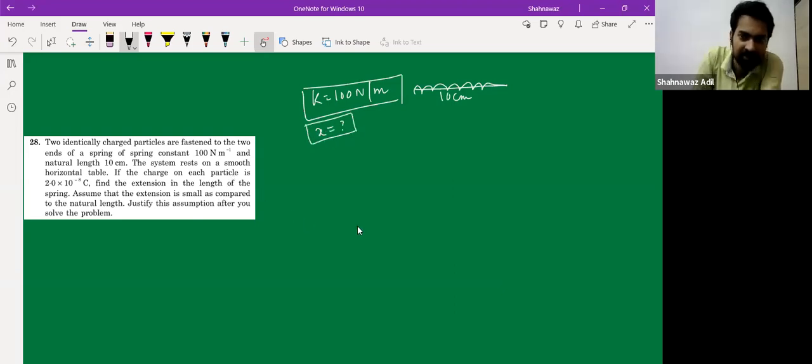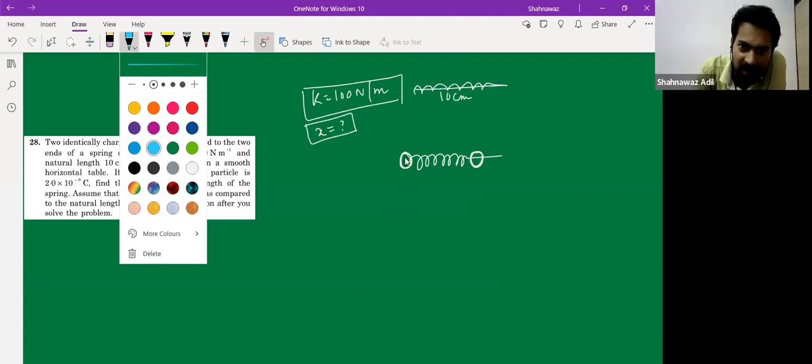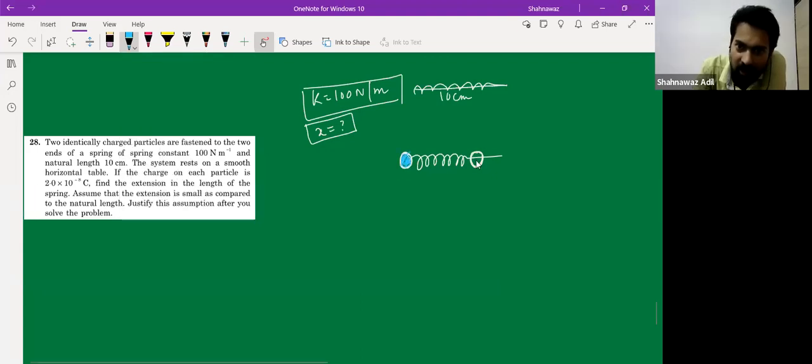And what do we know? This is some spring, and some charge is fastened at each end. These are the two charges, of equal magnitude, so they will try to repel each other.